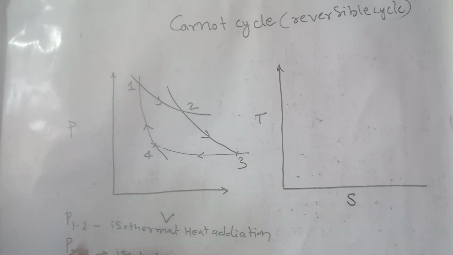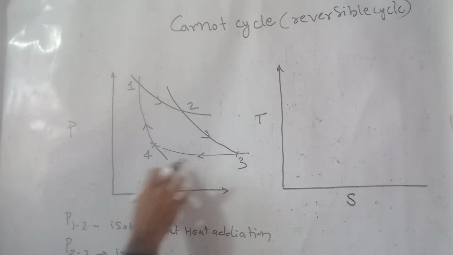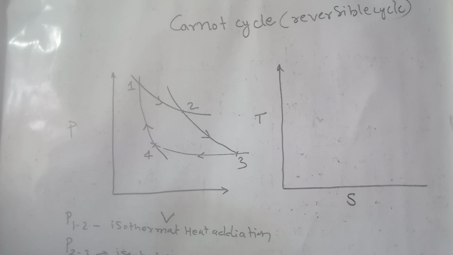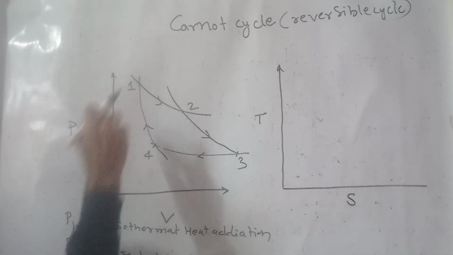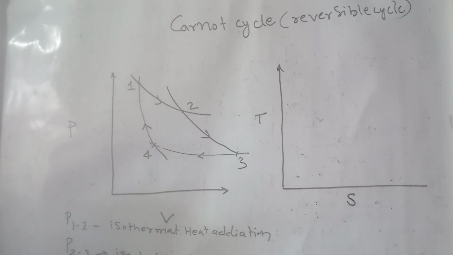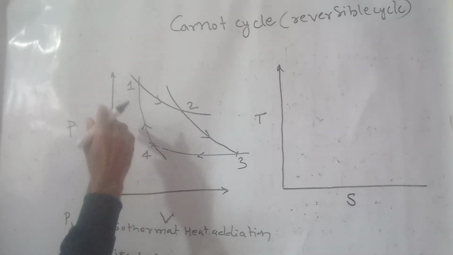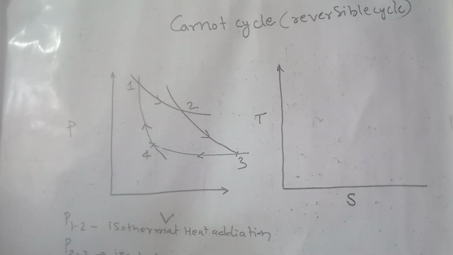Now 3 to 4, named P34, is the isothermal heat rejection process. Now process 4 to 1, named 4-1, is known as the isentropic compression process.